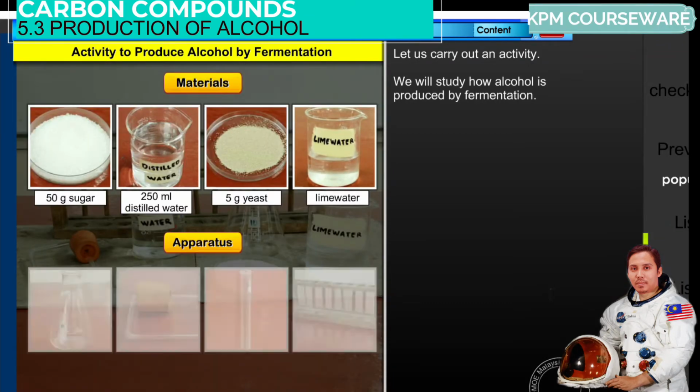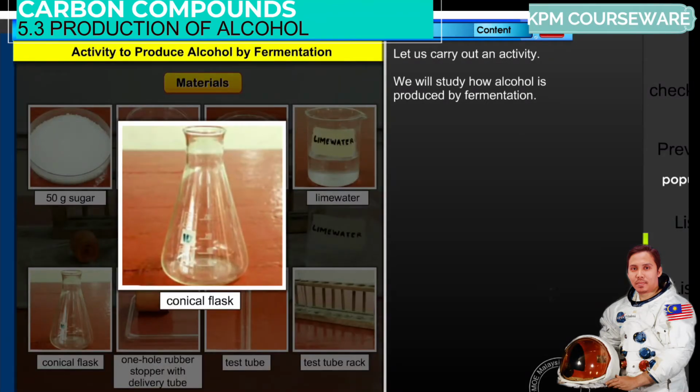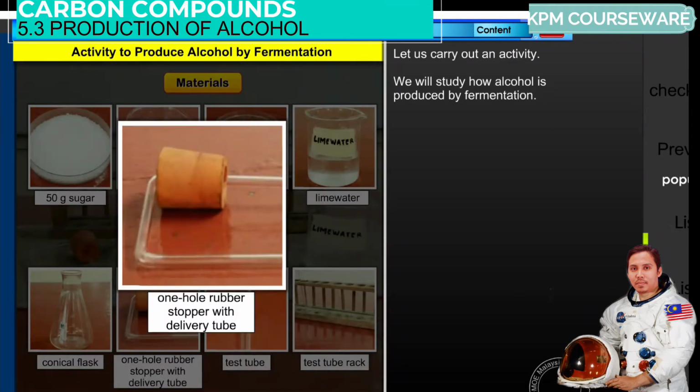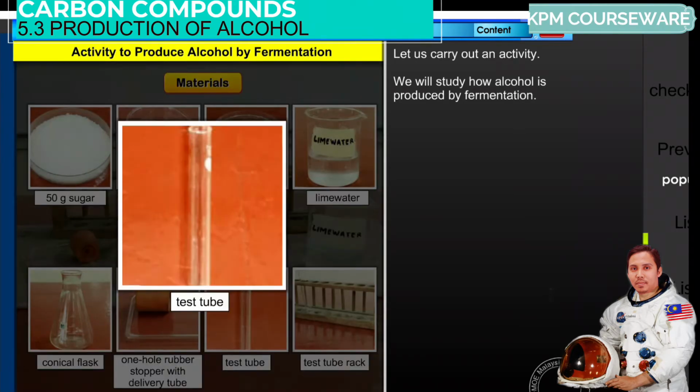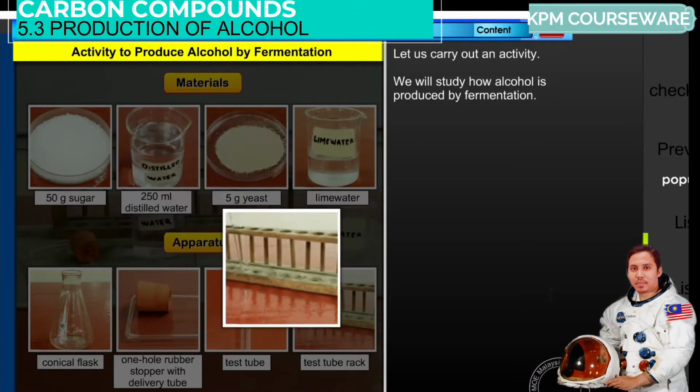You are given these apparatus for the activity. 250 milliliters conical flask, a 1-hole rubber stopper with delivery tube, a test tube, and a test tube rack.